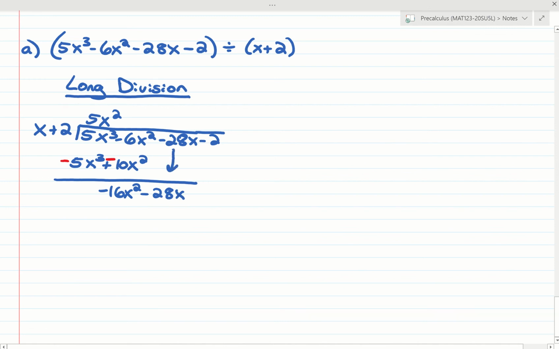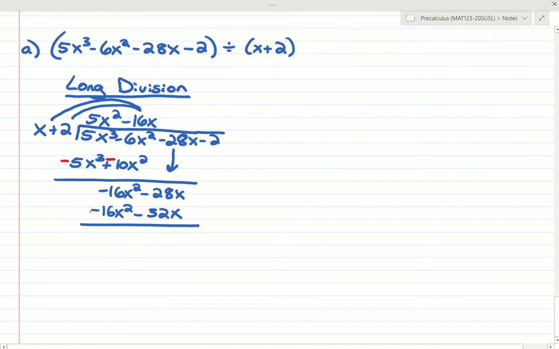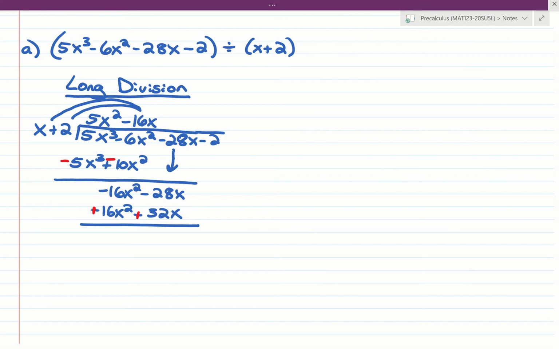Okay, so x times what is negative 16x squared? The answer is negative 16x. And we're going to multiply that just like we did before, times x and times 2. And remember, we are subtracting. Subtracting a negative turns into addition. Subtracting this negative turns into addition.